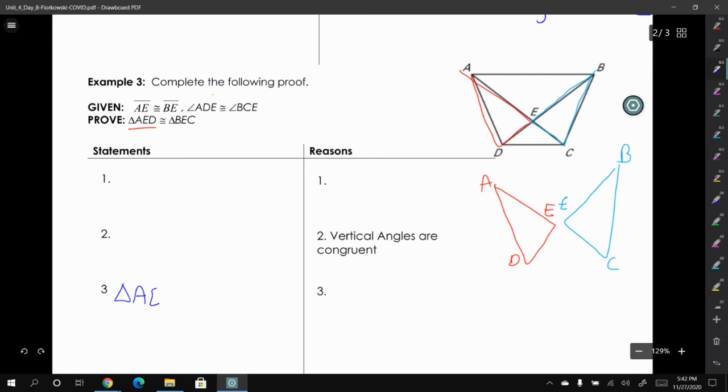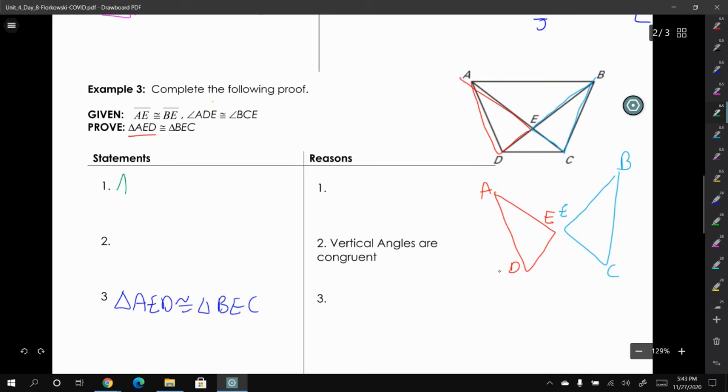Triangle AED is congruent to triangle BEC. And what we're given is that AE is congruent to BE, and that angle ADE is congruent to angle BCE.